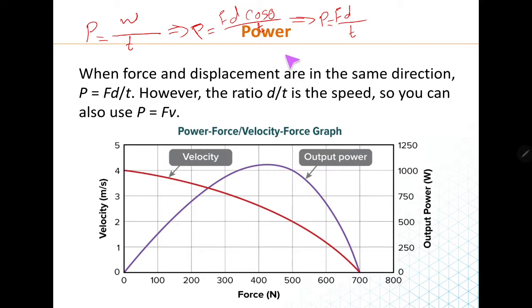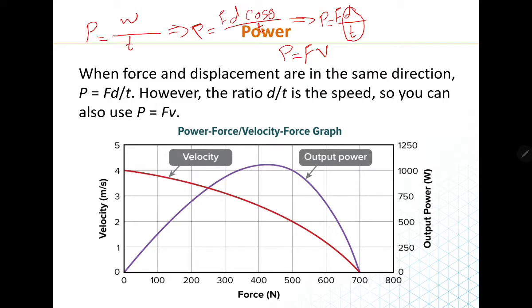Now we already knew that d over T represents the velocity. So we can write our law P equal to F v. And this is another law for the power.